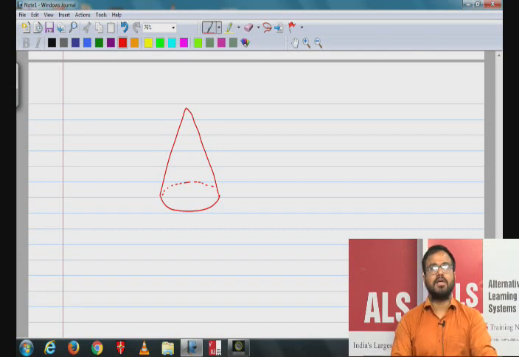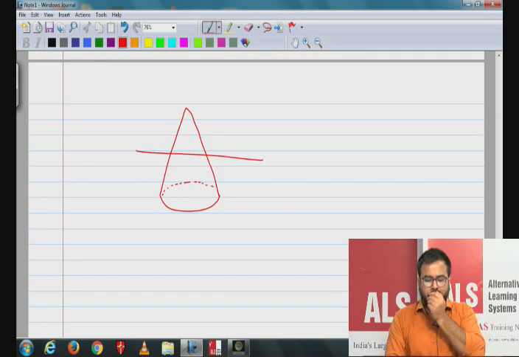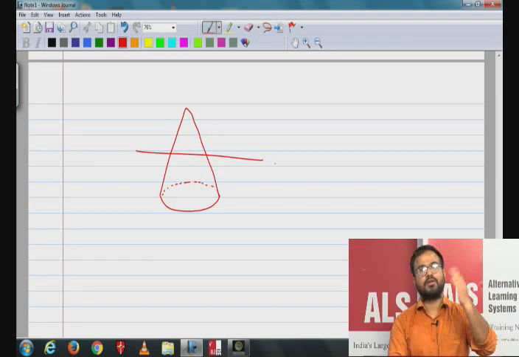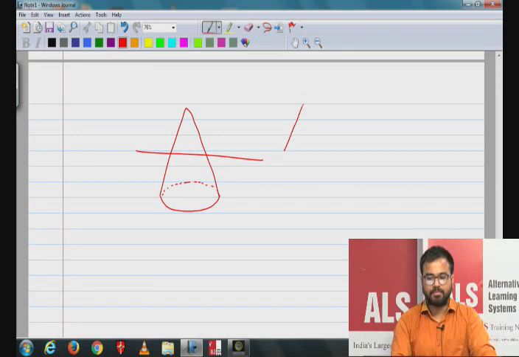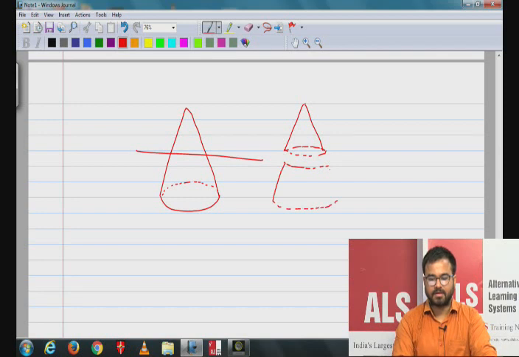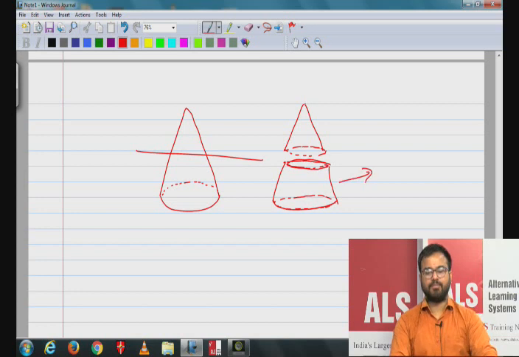Now if we cut it parallel to the base, like from here we make a cut, and remove the top part, it will be a smaller cone at the top, but what we are left with in the bottom is this shape. This shape left in the bottom is called the frustum.